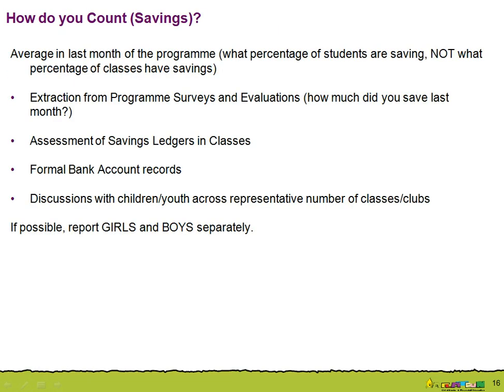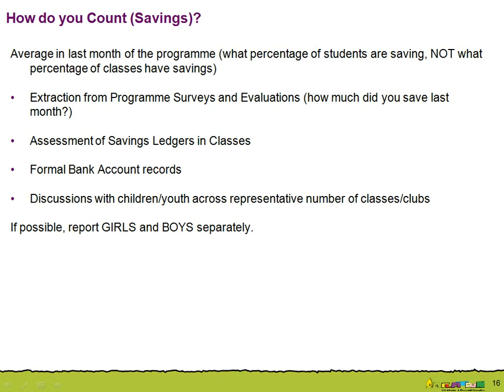Next, how do you count savings? Social Financial Education, Aflatoon Child Savings International. Obviously, savings is an important component of what we do, but it is not always easy to measure. So our solution for savings is as follows. Please average the last month of the program's savings rates. In the last month of the program, in the same month that you're perhaps asking how many children are in each class, please find out what percentage of students in that last month were saving.